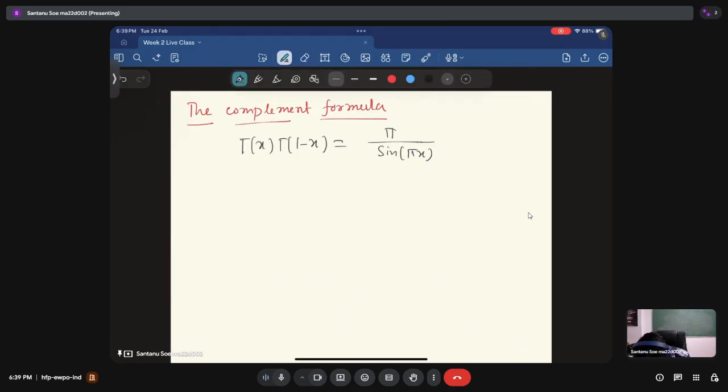Now since we need gamma of minus half, we can put x equals to half, such that gamma of 1 minus x will be minus half. No, I think x is positive, so we have to put x equals to half.